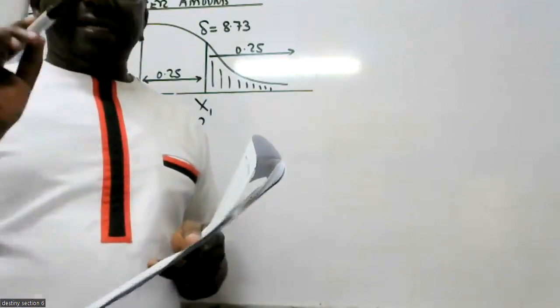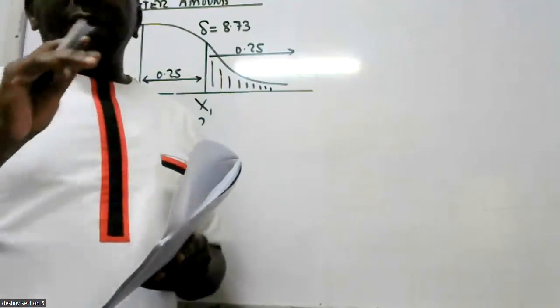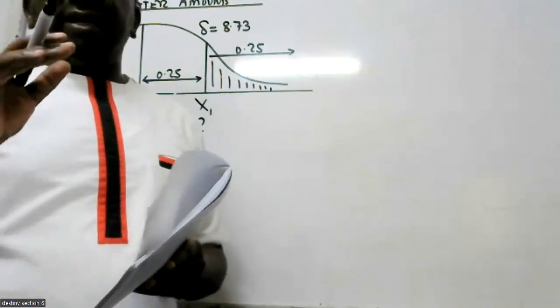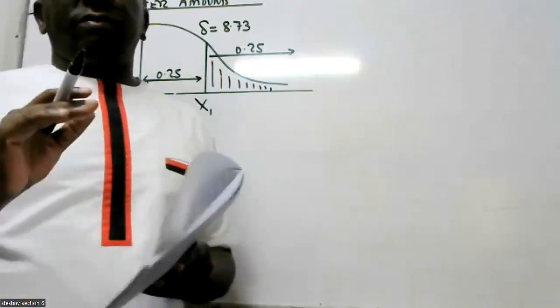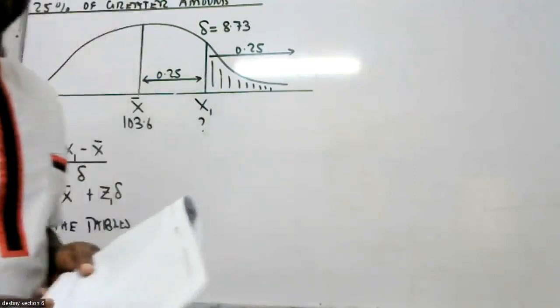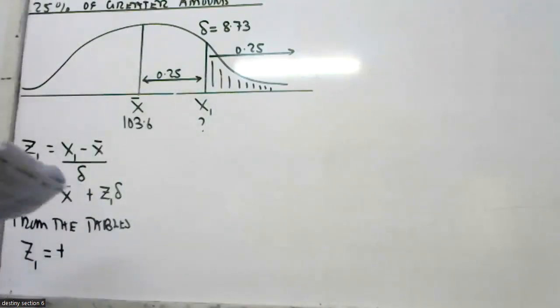But if you do not get it exactly, you pick the value that you think is nearest, either slightly above or slightly below. So you get inside there, look for 0.25. That isn't exact. So which one do you think is the closest?